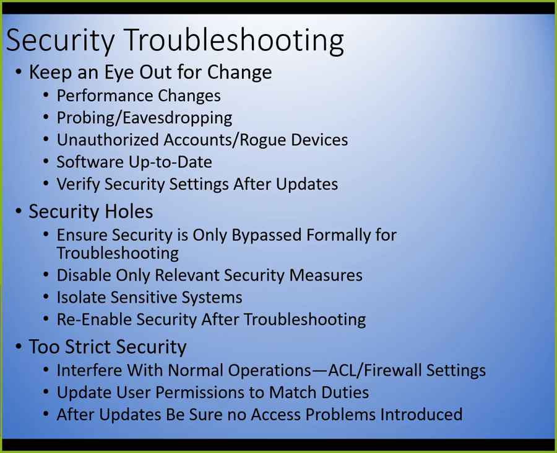Security holes: first, make sure software and all the security are up to date. Verify the security settings after an update. Have you ever put an update on, and the whole world changes? That's what this is all about. Verify the security settings after the update happens. Did it change anything?